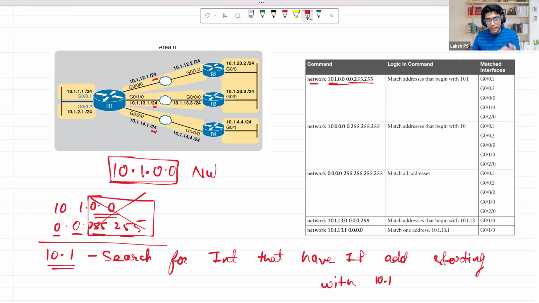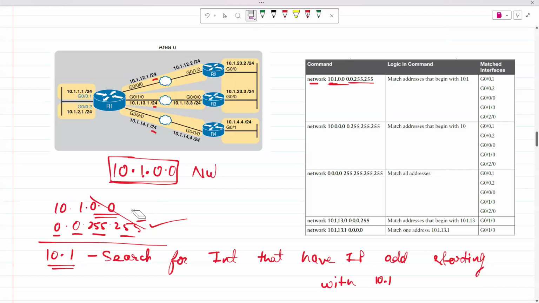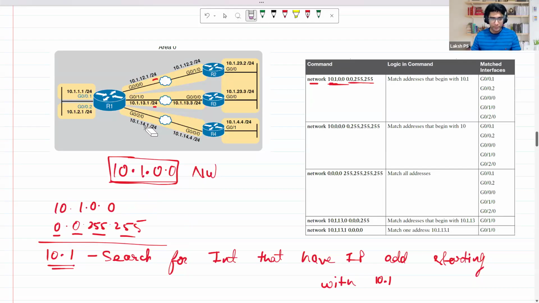It is only considering the numbers that are present. The wildcard mask is not the address mask. I got confused because below you showed 10.1.0.0 and 0.0.255.255, and I thought based on that it is checking, but here it came as 10.1. Every interface has 10.1. Because it is /24, it is different: 10.1.12, 10.1.13, 10.1.14, those are class C type.